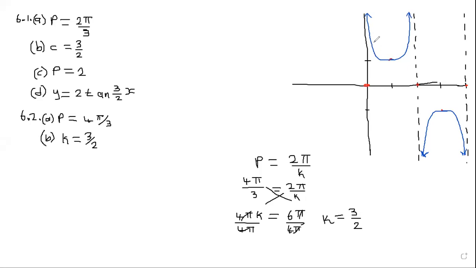It's the asymptote, so it will not touch the y-axis, right? It will go like that. So now we need to check if this graph has been shifted to the left or further to the right, and by how many units.